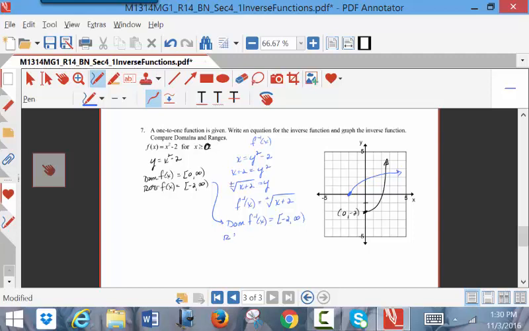And the range of the inverse function, without looking at the graph, is supposed to be the domain of the original, which was 0 to infinity. So once you write them down just by the pattern, is that true by the graph? Is the domain of my inverse function, my blue line, does it start at an x value of -2? Yes. And the y value starts with 0. So it's confirmed. It's right.